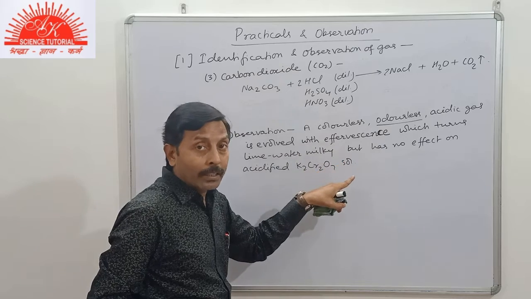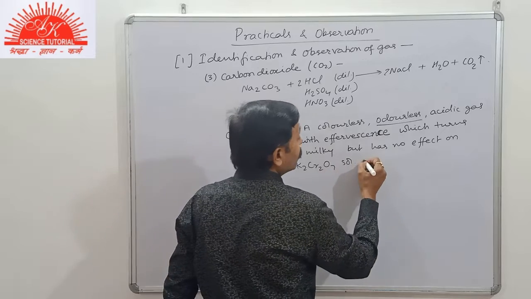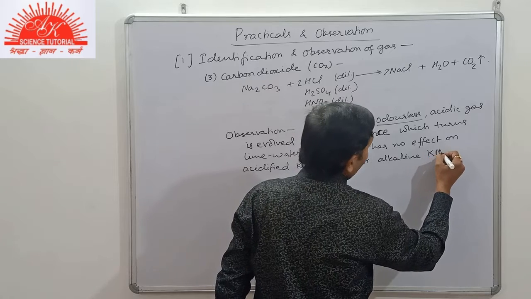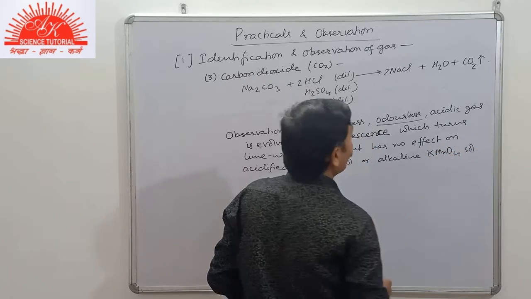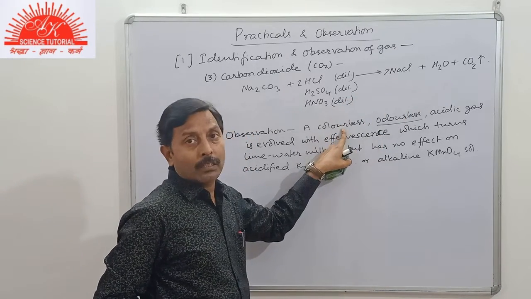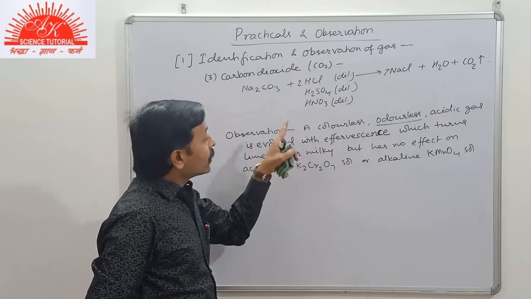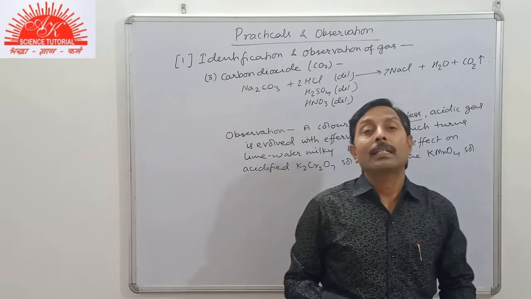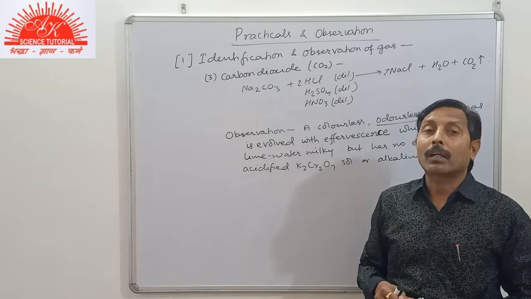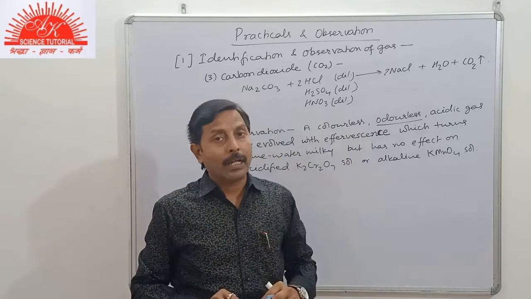SO2 will turn it green, but CO2 has no effect on acidified potassium dichromate solution or alkaline KMnO4 solution, which is pink otherwise. So the characteristics of CO2: a colorless, odorless, acidic gas which turns lime water milky but has no effect on acidified potassium dichromate or alkaline potassium permanganate. This is the test for CO2 gas.